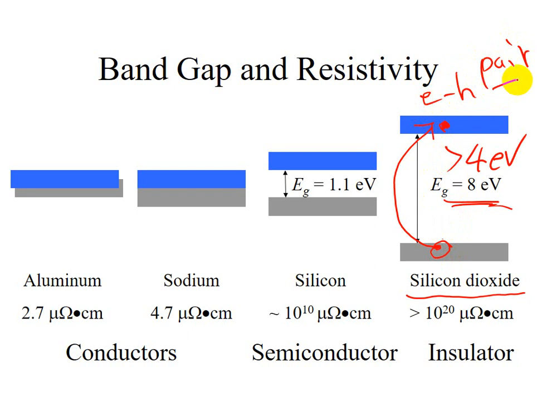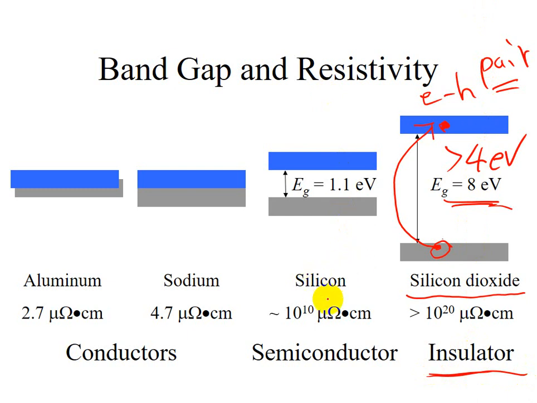And in this electron hole pair, both electron and hole will contribute to the conductivity. But since you have a very large energy band gap, the probability for an electron jumping from low energy level to high energy level will be very, very slim. So basically, it's an insulator.